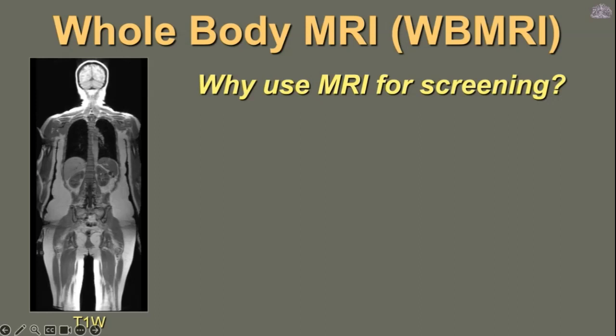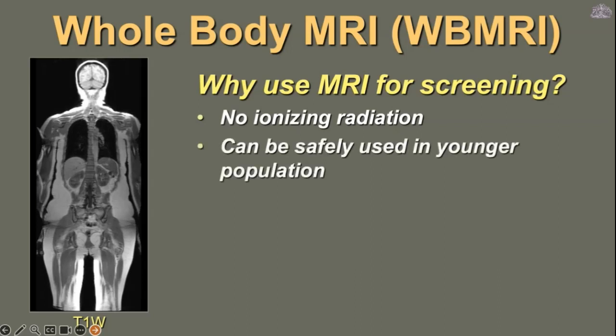The thing is that whole body MRI has evolved into a technique that we can apply to look for areas of cellular abnormality throughout the body. It doesn't use any ionizing radiation, so unlike PET and CT, we can safely repeat it yearly, or less frequently or more frequently if we wanted to. It can be safely used in the younger population.